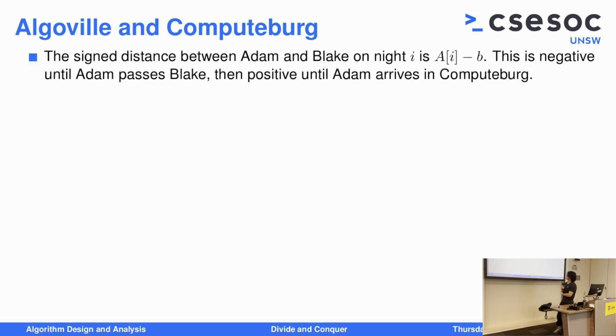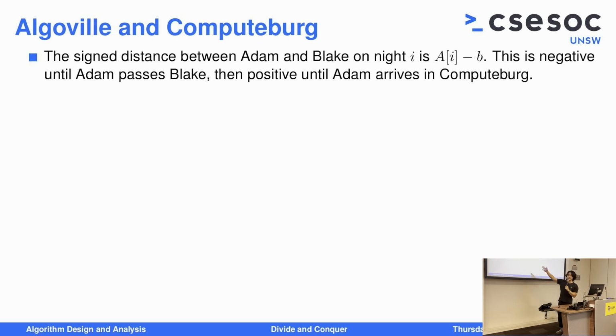What we can notice is that the signed distance between Adam and Blake on night i will be a_i minus b. Do we agree with that? Yep. And this value is negative until Adam passes Blake, and then positive until Adam arrives in Computerberg. This sort of property is what we refer to as monotonic.